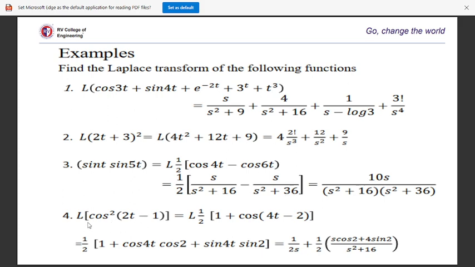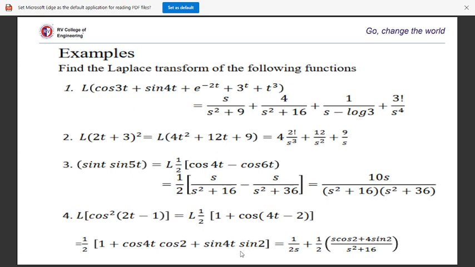Finally, the Laplace transform of cos square of 2t minus 1: here we need to apply the cos square theta formula, that is 1 plus cos 2 theta divided by 2. Once after applying the cos square theta formula, we again have to simplify cos of 4t minus 2 by considering the cos of a minus b formula, that is cos a cos b plus sin a sin b.